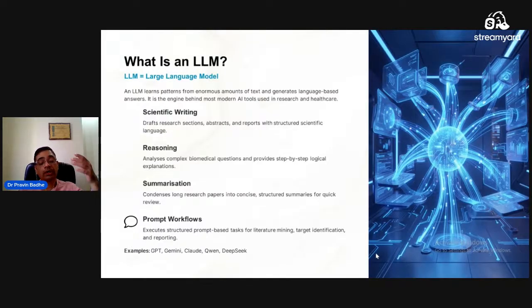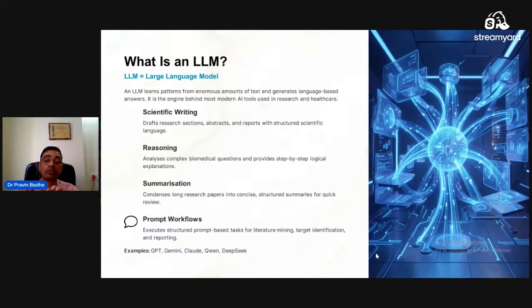So getting information and content creation has now largely been resolved. The major part, thinking from the research and scientific point of view, is with you, and you need to utilize it because the information is now easily available and easily understandable.